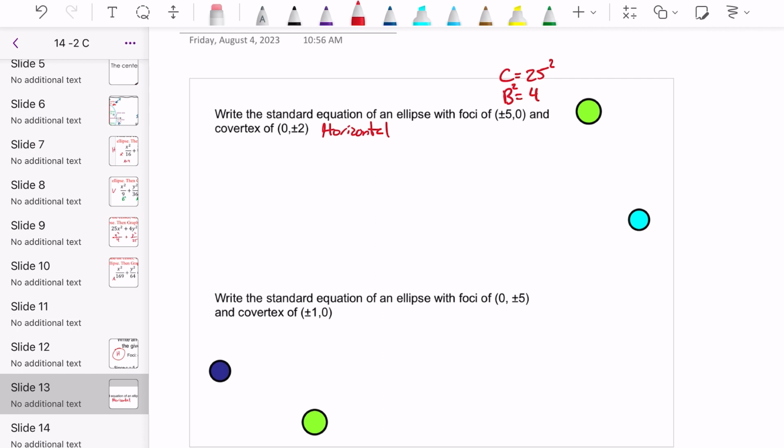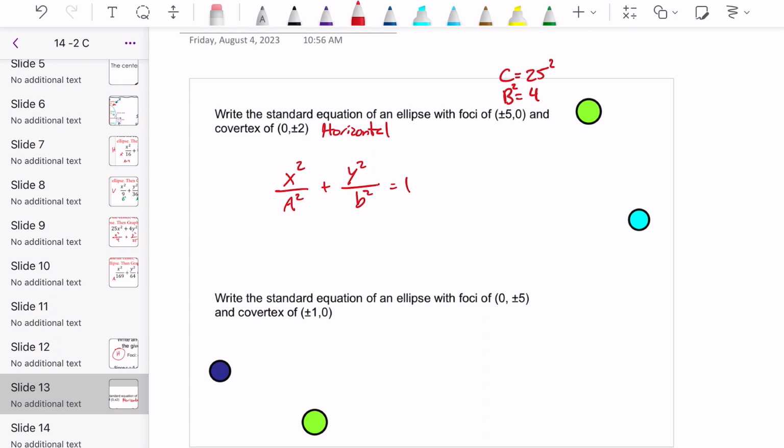From there, we're going to write down our equation so that it makes it easier for us to write it down later on. So X squared over, plus Y squared over, is equal to 1. Now remember, if it's horizontal, your left side, your A squared, will be longer than your B squared.